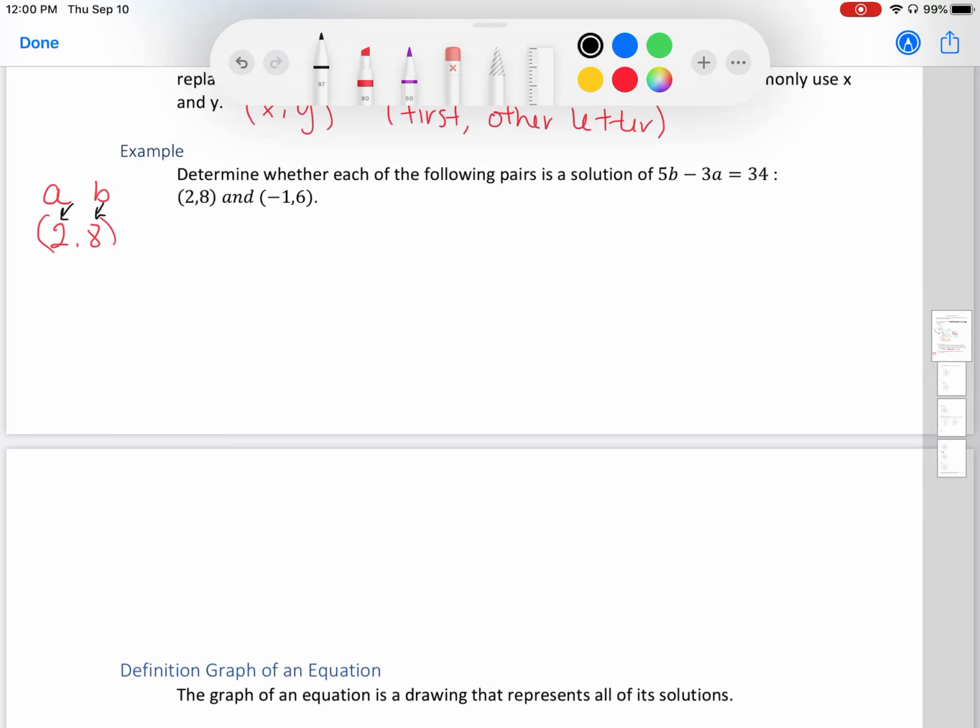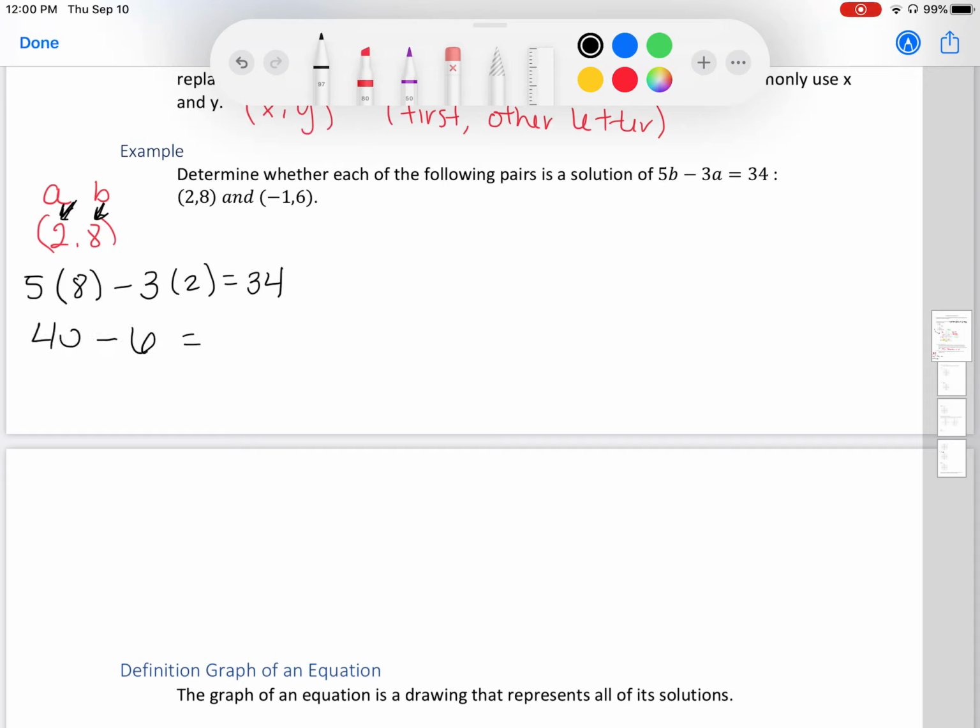Let's go ahead and replace those numbers so that I have 5 times B. What is B? Well, we said B is 8, right? Minus 3 times A. What did we say A was? A was 2. Equals 34. All right, 5 times 8 is 40 minus 6.